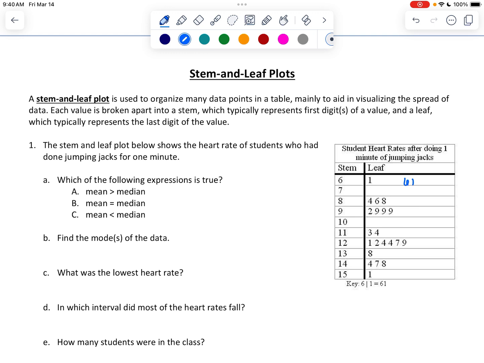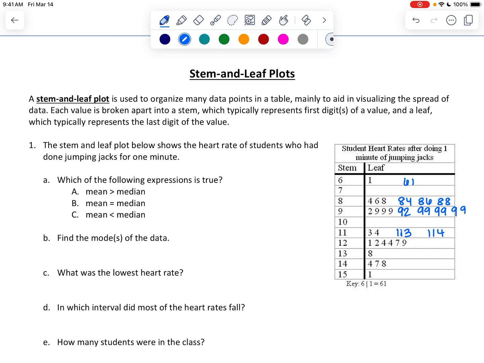In the 70 range, I don't have any numbers in the 70s. There's nothing there. Then I have an 84, an 86, and an 88 for the 80s. For the 90s, I have a 92 and I have 3 99s. I don't have anything in the 100s. The 11 stem with a 3 leaf is going to give me 113, and then subsequently the 114.